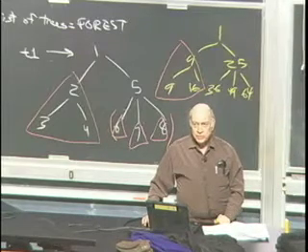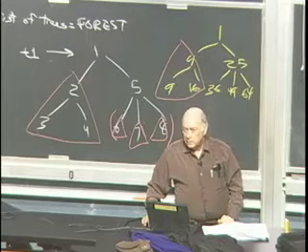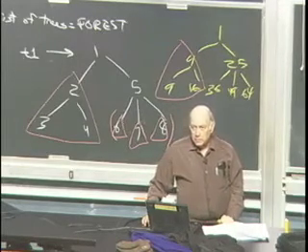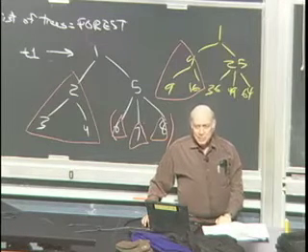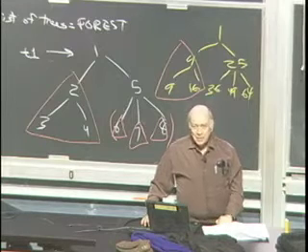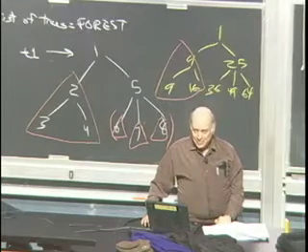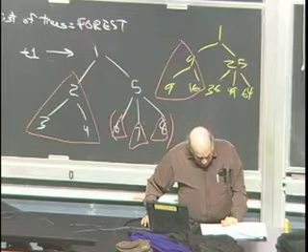Does that make sense? Okay. Yes, that's right. You will not be asked to draw box and pointer diagrams for a tree. I want you not to think about it in those terms, actually. Okay? All right, moving right along.